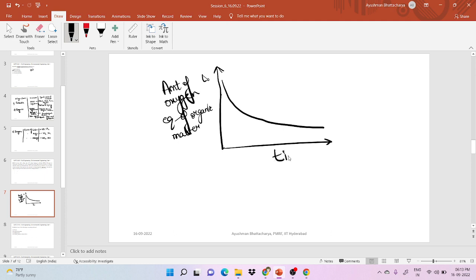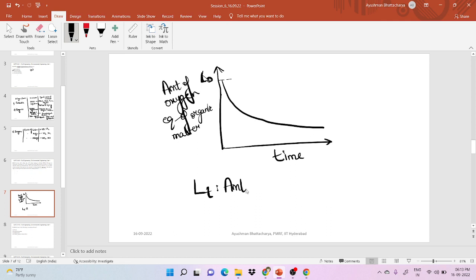X-axis denotes time, and the y-axis is the amount of oxygen equivalent of organic matter. This we term as L naught, starting from here. L naught is the amount of organic matter present at time t equals 0.